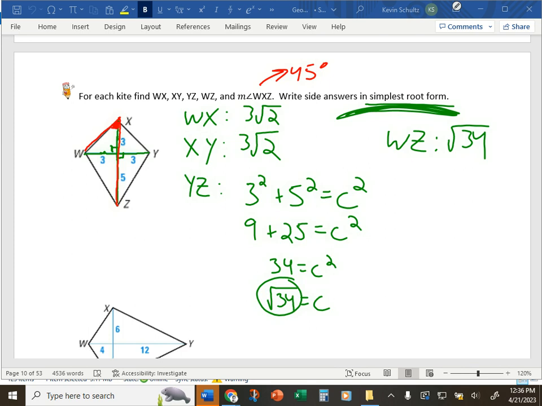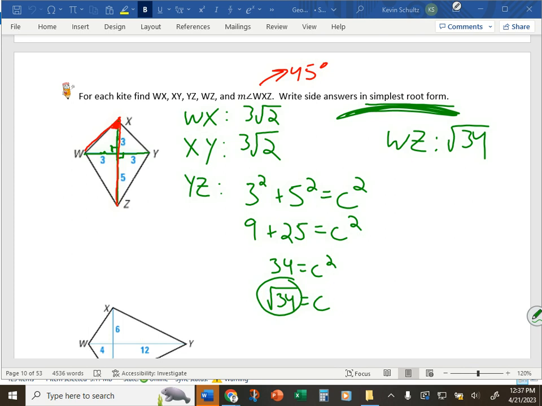Your homework for Tuesday is to finish the objective. You've got 2 more to do, but several to solve for. I do want your work to be shown. If you don't show your work, you will not get credit. Obviously, for ones that are congruent, once you find WX is 3 root 2, for XY there's no work to be shown because it's the same thing.